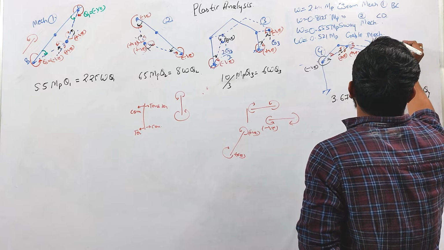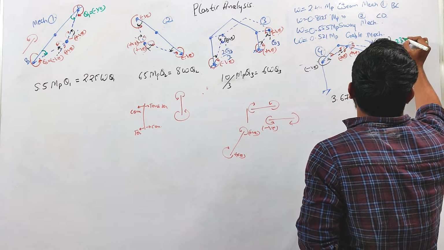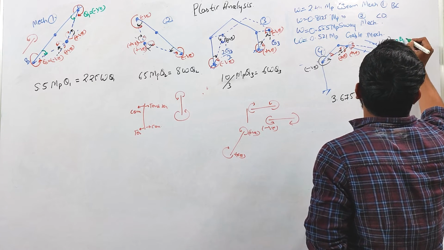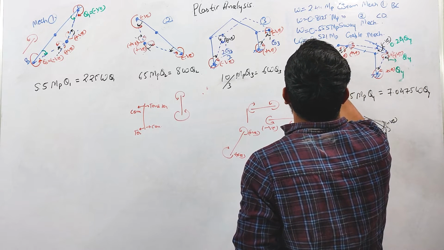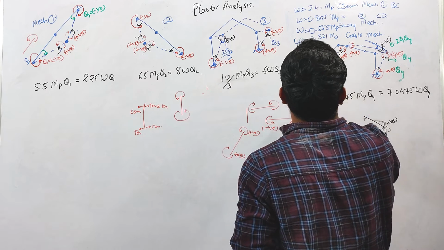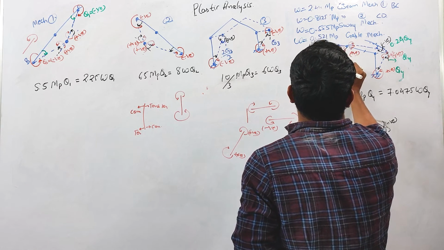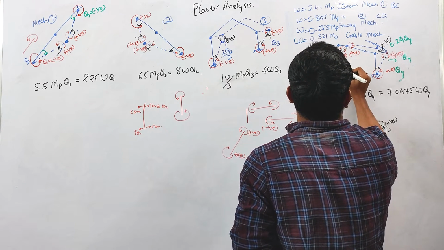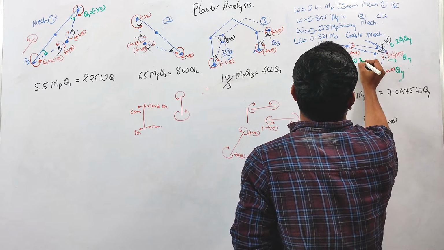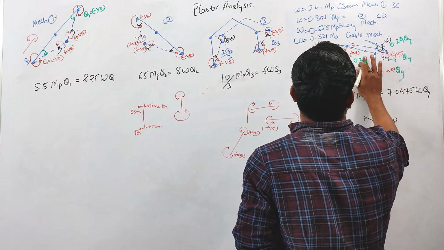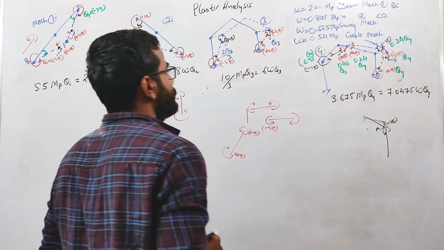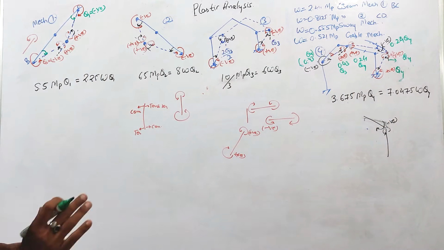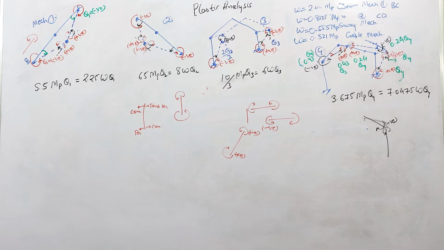This was 0.24 theta 4. This was 0.43 theta 4. Similarly, this rotation is 0.43 theta 4 and this is 0.24 theta 4. Okay. This we have already calculated in the last lecture, right?